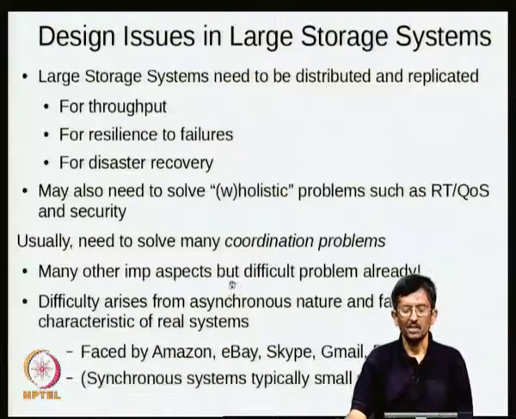Generally, this difficulty arises from the asynchronous nature of the systems and the failure characteristics of many real systems. If you look at synchronous systems, that means that somehow you have time synchronization somewhere, and typically time synchronization doesn't work on a large scale. It's very difficult. So, synchronous systems have to be small scale.